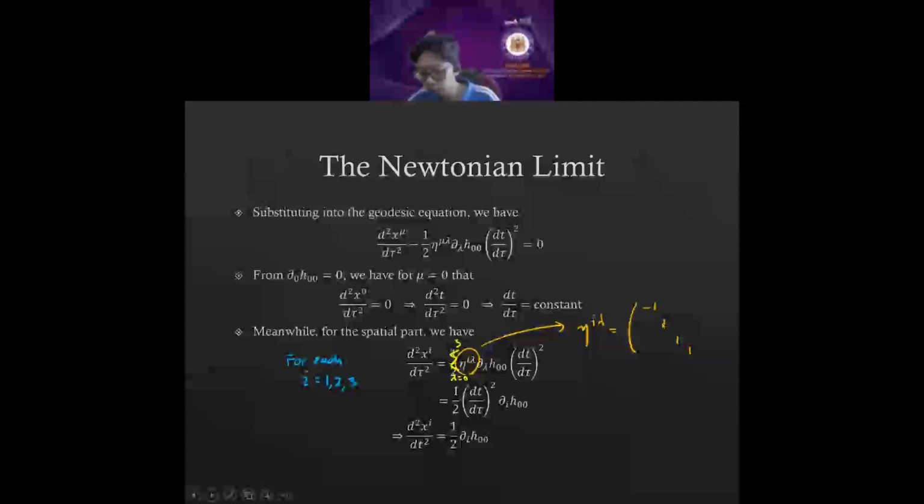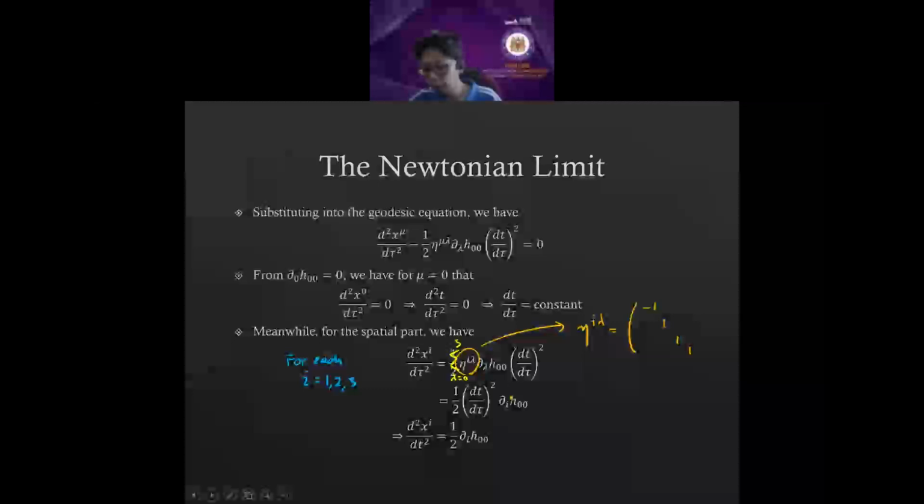And so notice that eta i mu is going to be equal to 0 always, unless lambda is equal to i. It's only when lambda equals i that eta is going to be equal to 1.